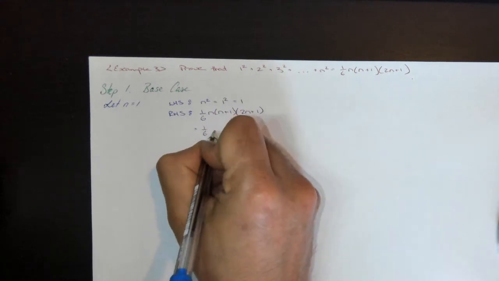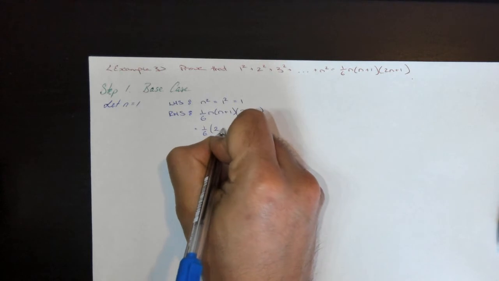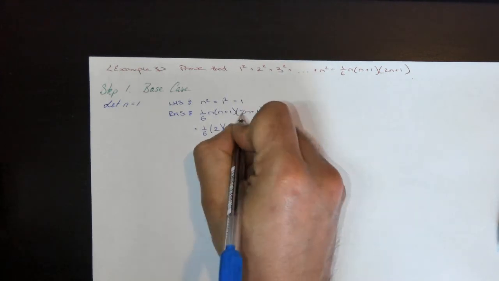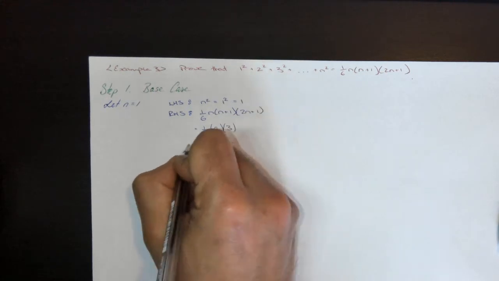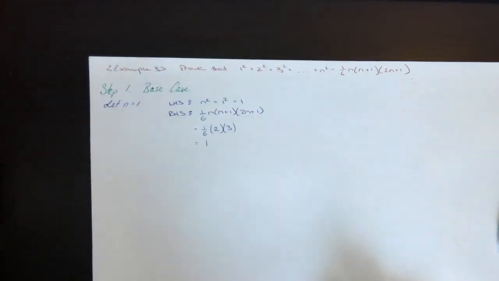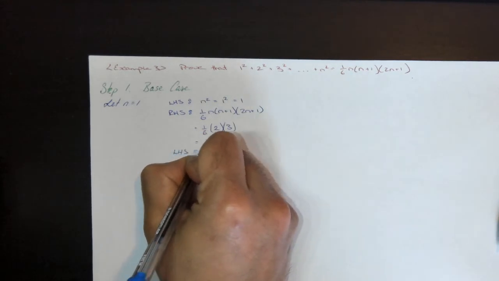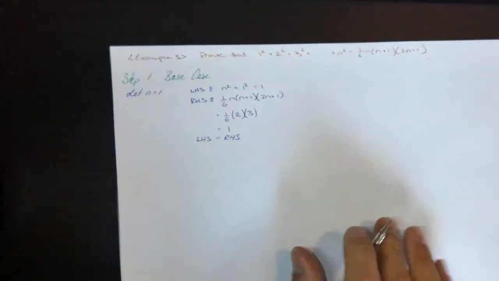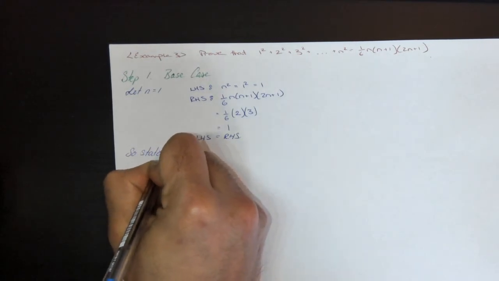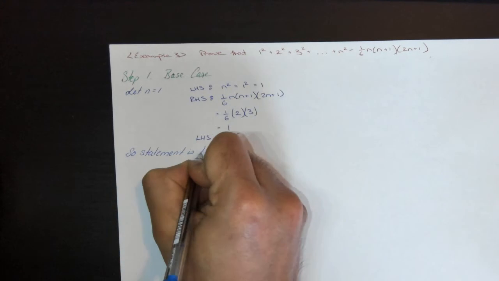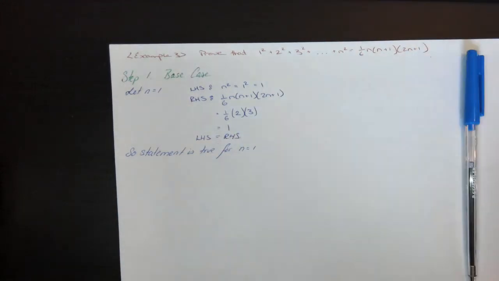That's 1/6 times 1, which is just 1/6. 1 plus 1 is 2. 2 times 1 is 2, plus 1 is 3. 2 times 3 is 6. And 1/6 of 6 is 1. Okay, so the left-hand side does equal the right-hand side. So the statement is true for n equals 1.